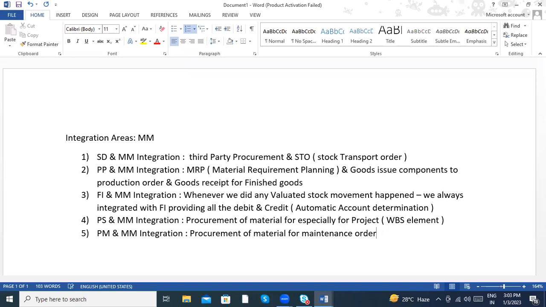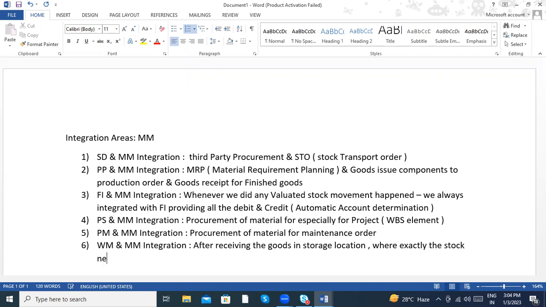Then WM, warehouse management, and MM integration. This will be after receiving the goods in the store location, where exactly the stock needs to be put away, inwarding the stock.